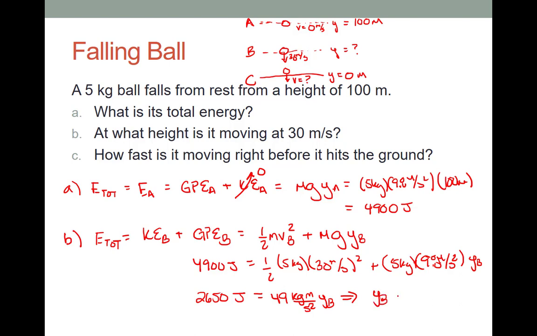Solving for YB gives me 54.1 meters. Go up and add my box there.